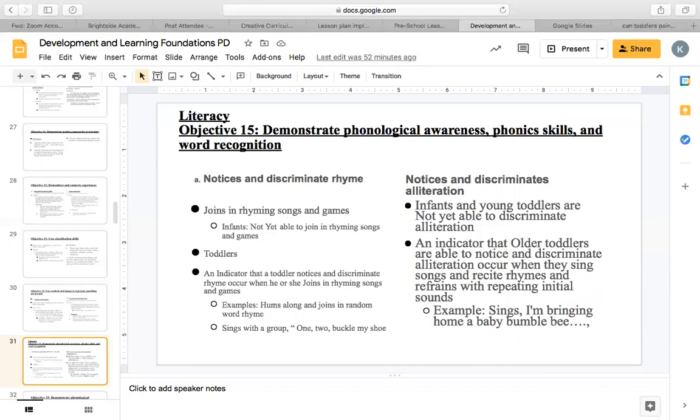Notices and discriminates alliteration. Infants and young toddlers are not yet able to discriminate alliteration. An indicator that older toddlers are able to notice and discriminate alliteration occurs when they sing songs and recite rhymes and refrains with repeating initial sounds.